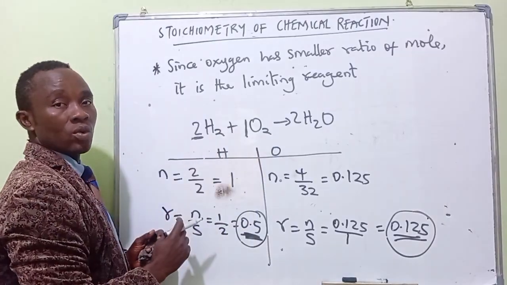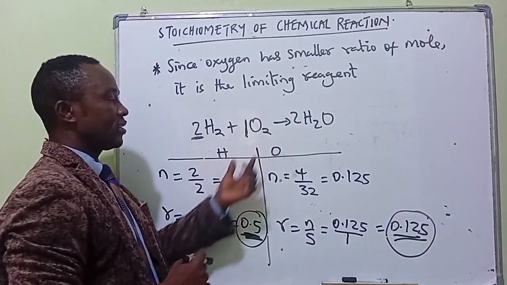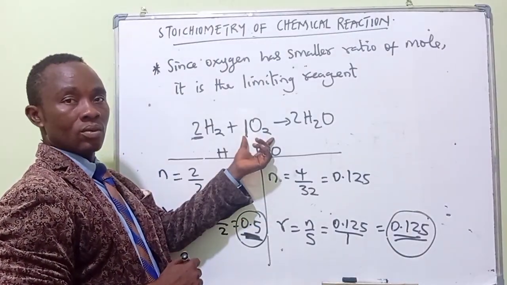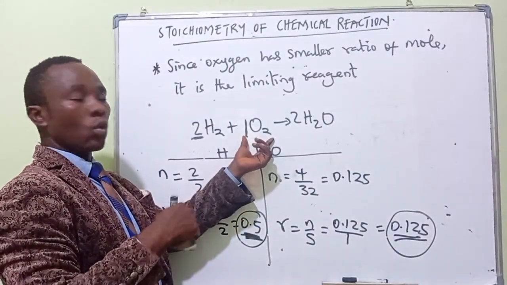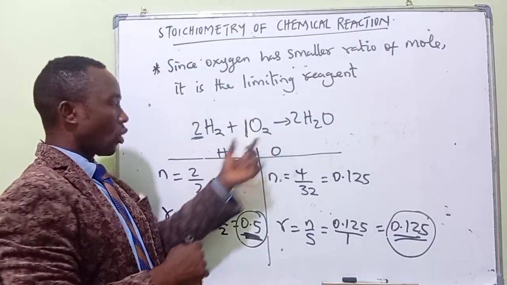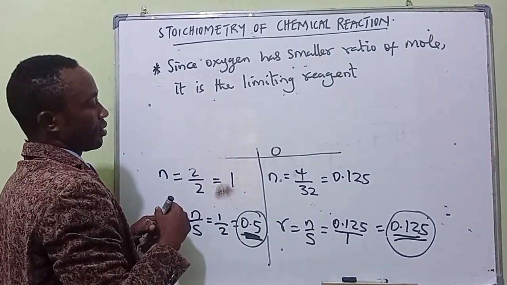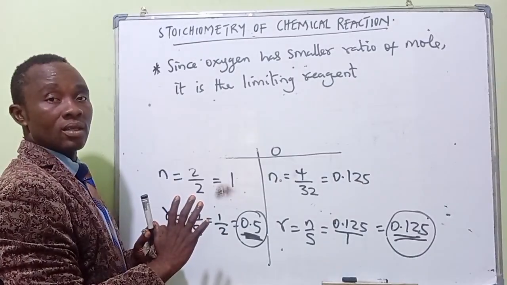That means that hydrogen is left over. Now, what it simply means is that it is oxygen, which is the limiting reagent, that will control the reaction. It will determine when the reaction will stop. Now, since oxygen is the limiting reagent, then hydrogen is the excess.